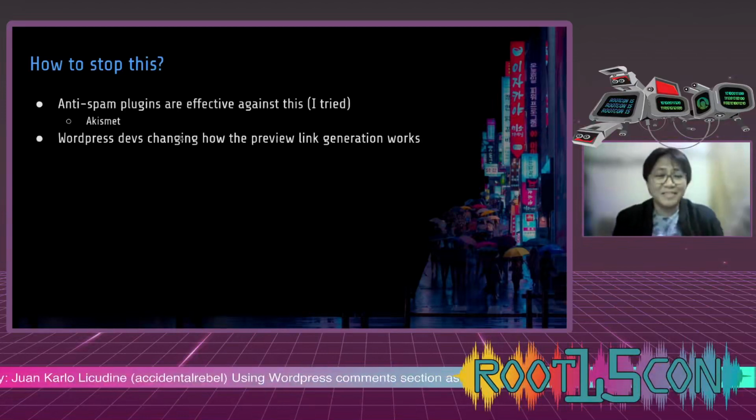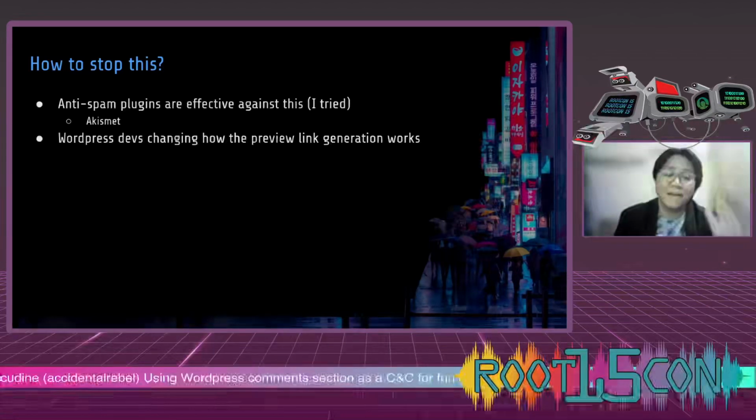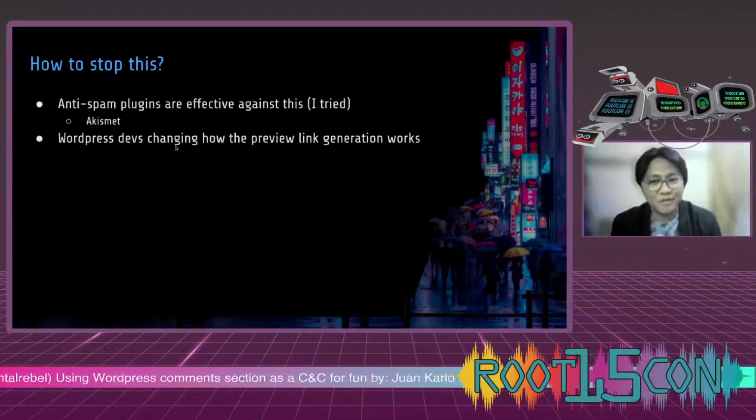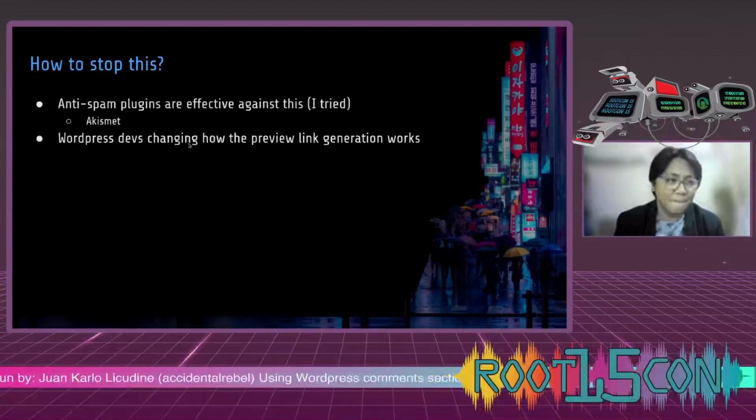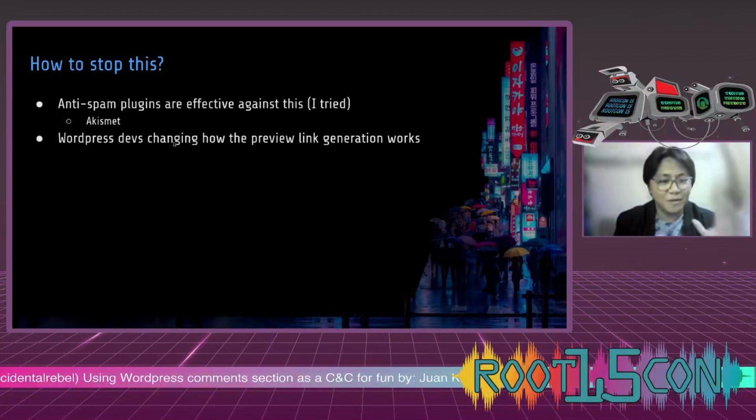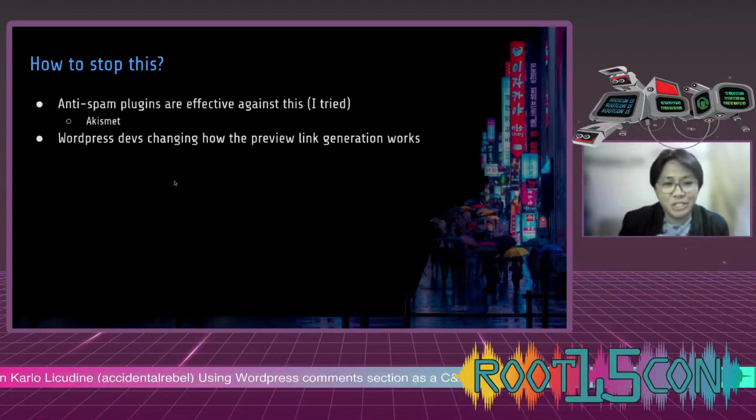Another way to stop this is if WordPress devs change how the preview link generation works. The great thing about the WordPress developers is they're always very sensitive about these kinds of problems, so if this is reported, then they might change it.